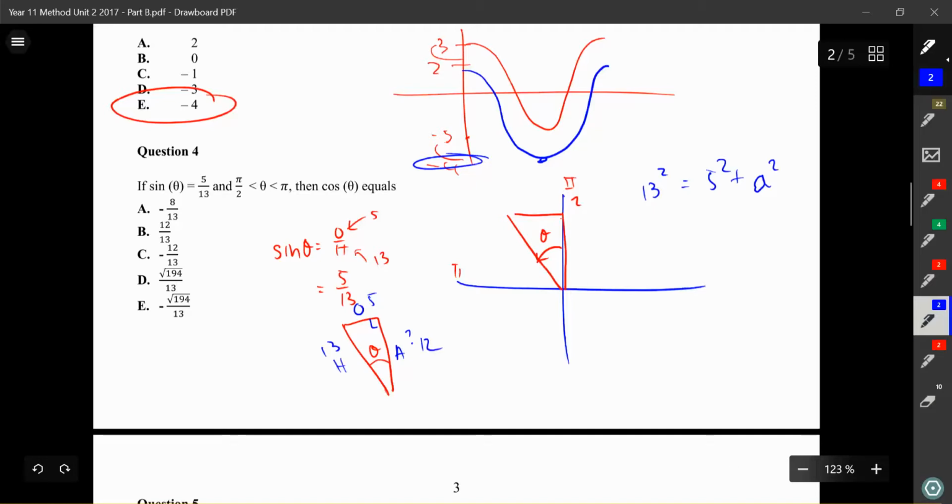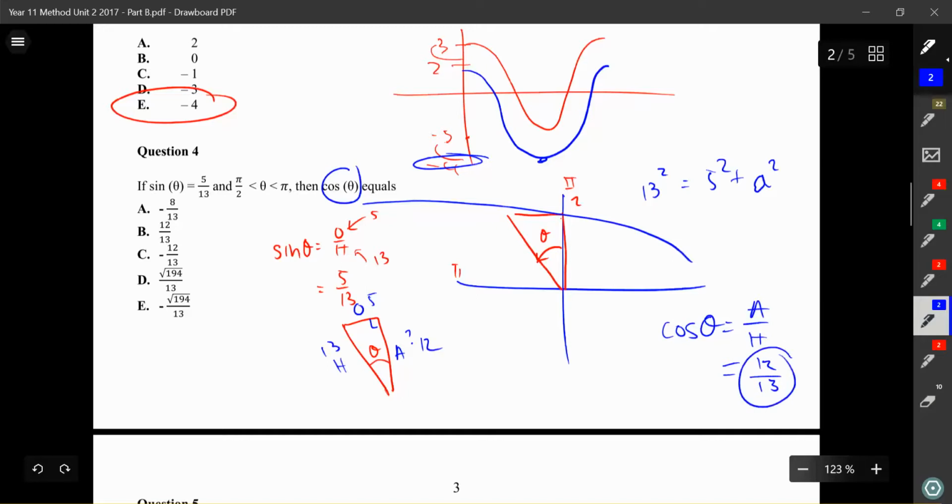So why do I need to know A? Because they're asking for cos of theta, and we know cos of theta is equal to adjacent over hypotenuse. Adjacent is 12, hypotenuse is 13. So it's 12 out of 13. But what you need to also pay attention to is that cos, so this is your angle, cos represents the x coordinate, true?